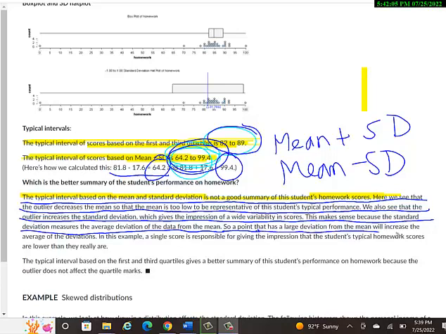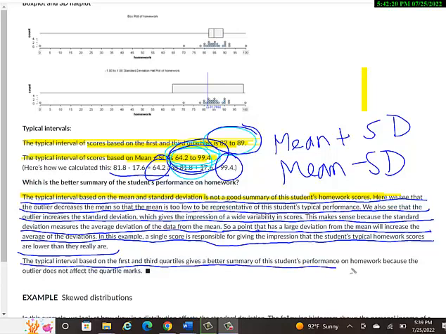So a point that has a large deviation, like that homework score of 0, kind of brought everything down. In this example, a single score is responsible for giving the impression that the student's typical homework scores are lower than they really are. The typical interval based on the first and third quartiles gives a better summary of the student's performance on homework because the outlier does not affect the quartile marks.